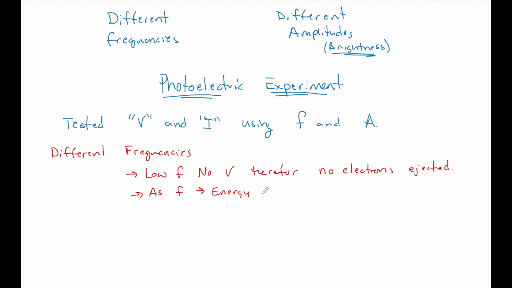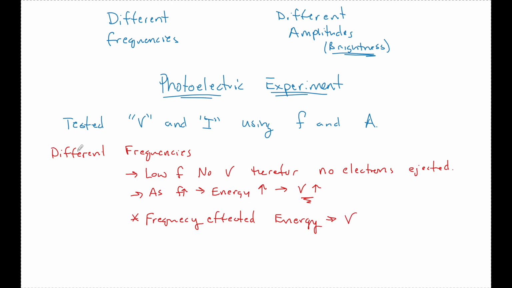And that made potential difference go up as well. So when I was at a low frequency, no electrons were ejected because I was under the work function. Once I exceeded the work function and was able to ionize that atom, the higher the frequency, the higher the energy, and therefore we created a larger potential difference. Overall, frequency affected energy, which in turn affected potential difference.